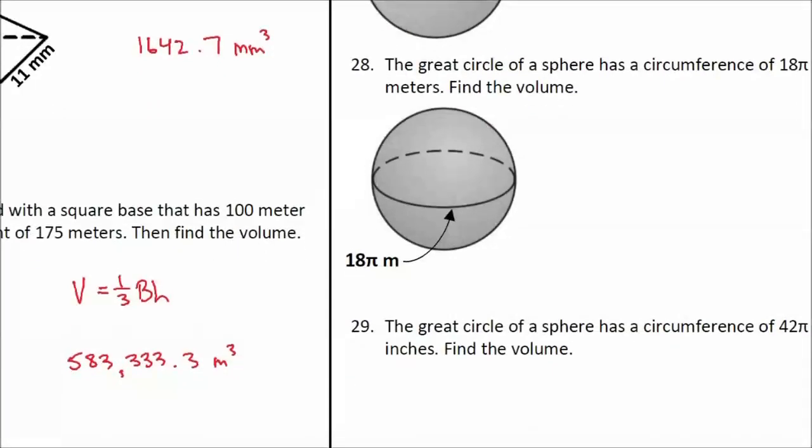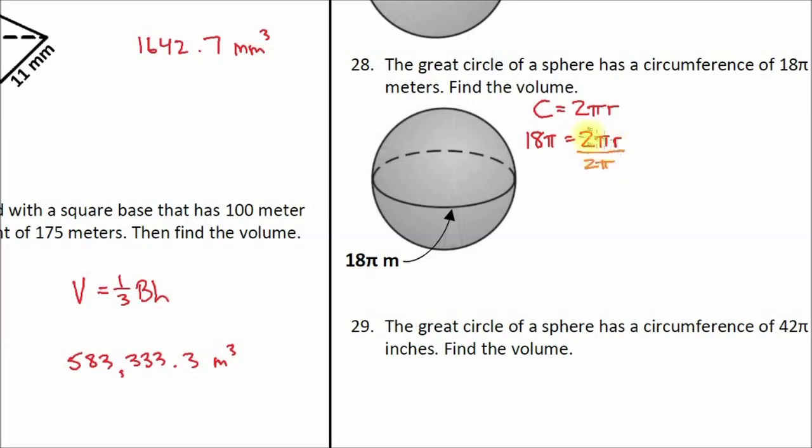So here's how we find the volume, or sorry, the radius. We know that the circumference of a circle is equal to 2 pi r. They give us the circumference, which is 18 pi. So 18 pi equals 2 pi r. Let's divide. I want to get r by itself, and I want to solve for r.